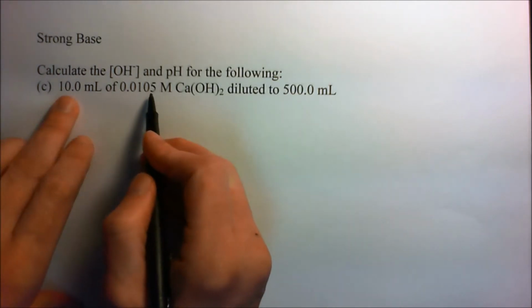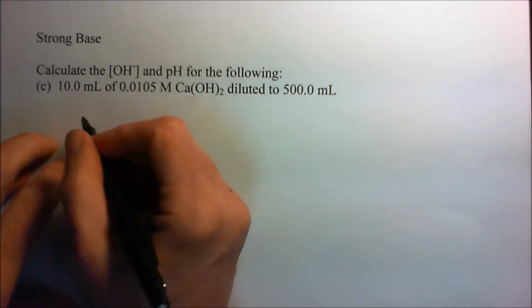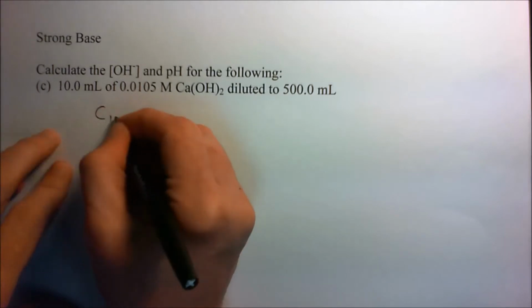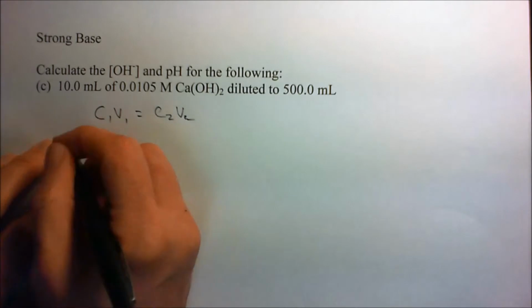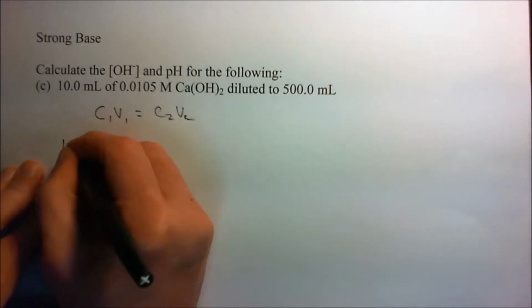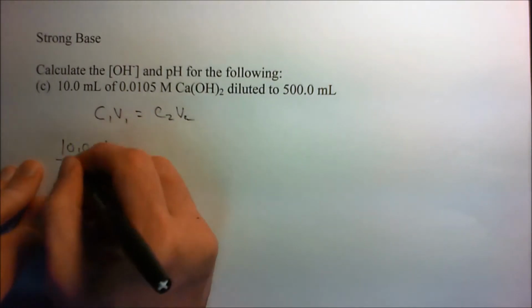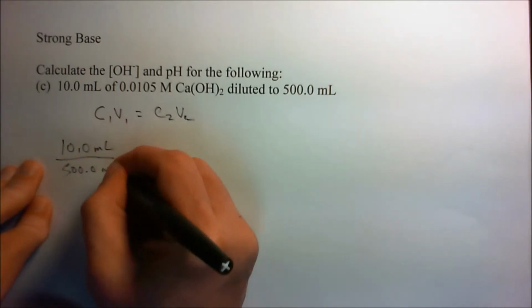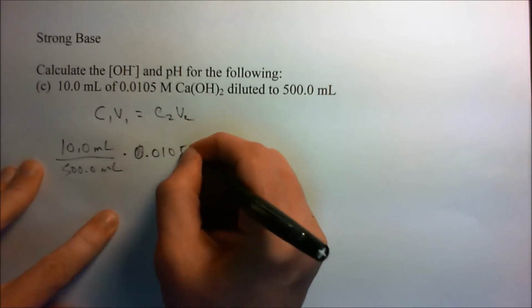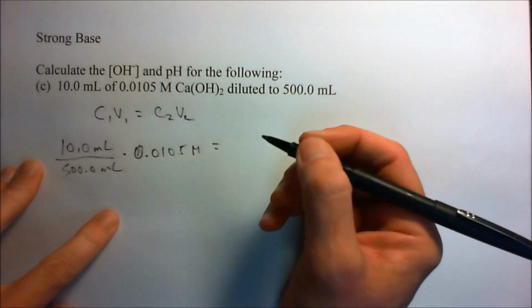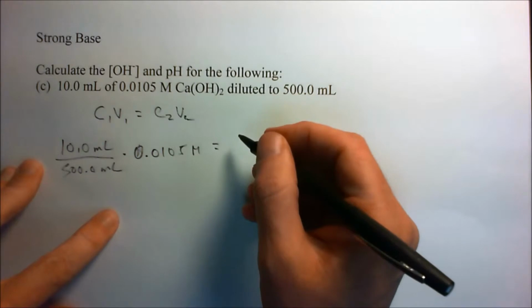Here we're going to calculate the OH concentration and pH of a solution that we're going to dilute. So we need to find the concentration of the diluted solution, and we use our dilution equation, C1V1 equals C2V2. We solve, and we'll end up with 10 milliliters over 500 milliliters times 0.0105 molar, and that'll give us a new concentration.